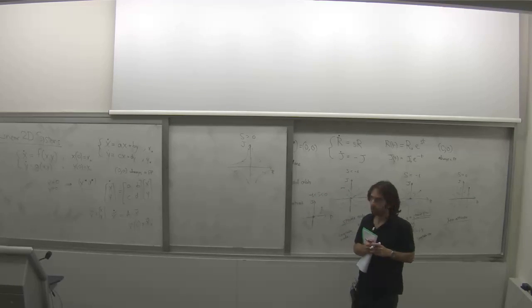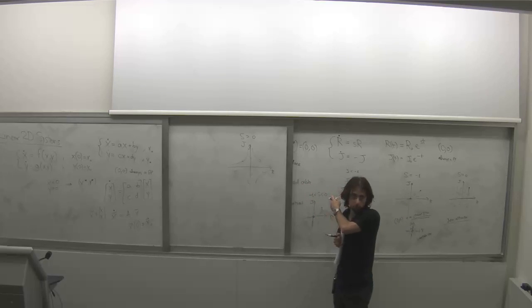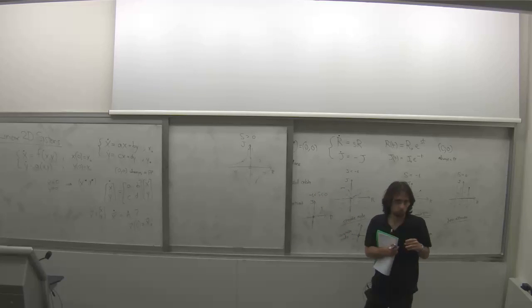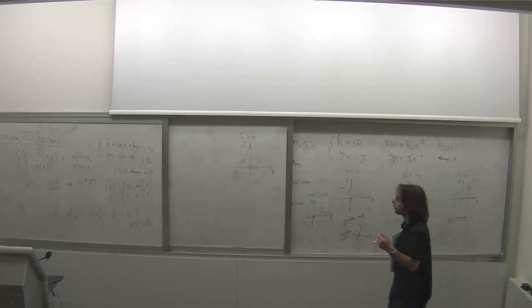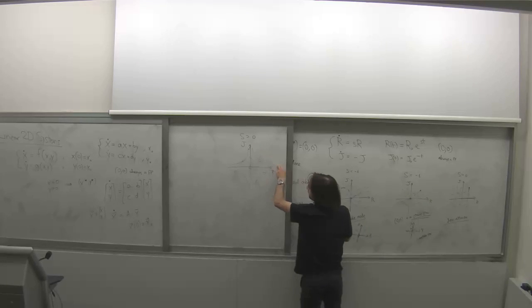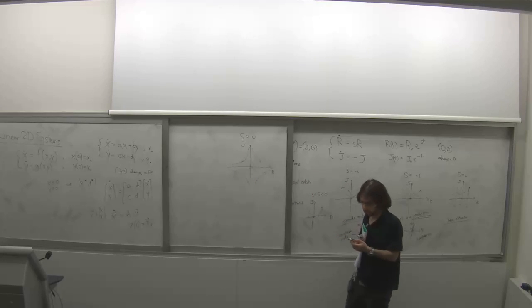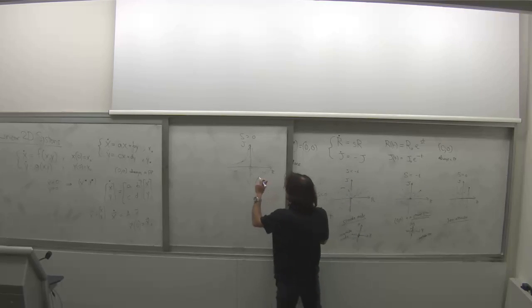So I have here 0, 0 is still a fixed point, but it seems that I'm running away from it, kind of repelled from it, except if I start on the J-axis. Exactly on the J-axis.